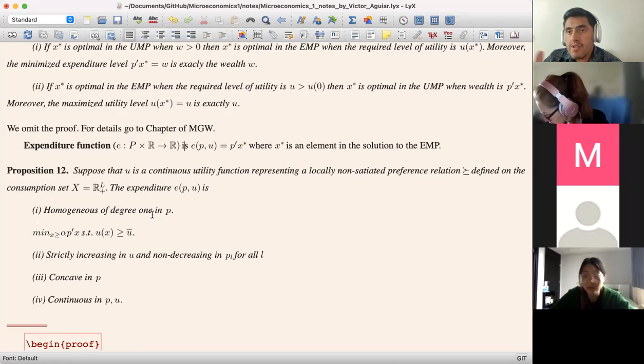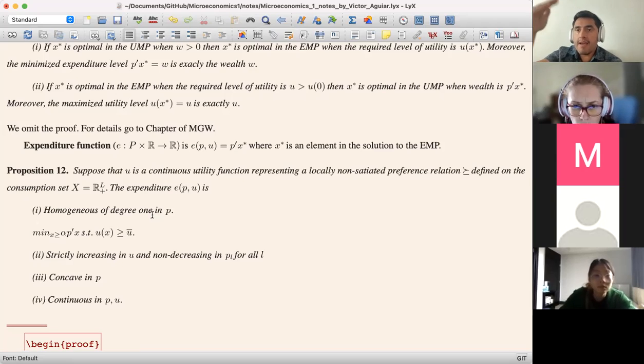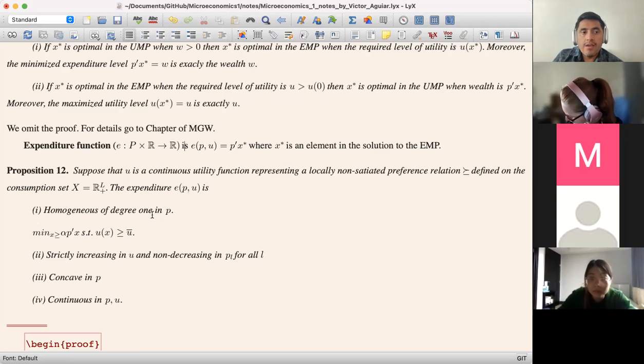What will happen with expenditure? Expenditure will be bigger, right? By how much? By alpha, because the objective is essentially P times X. So if I take alpha, multiply it by P, my expenditure will be alpha times the original expenditure, right? So this is homogeneous of degree 1 in price.